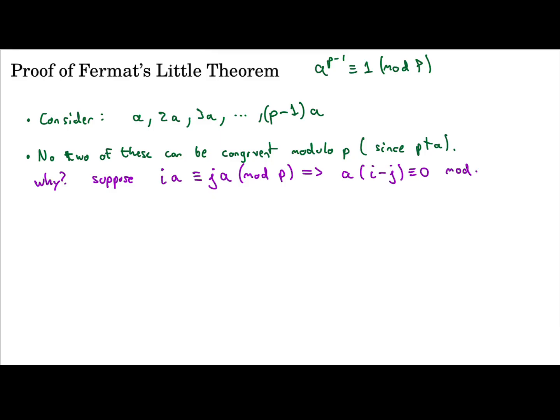Now, since p does not divide a, and p is prime, that means that a and p are coprime, which means that a is invertible modulo p.